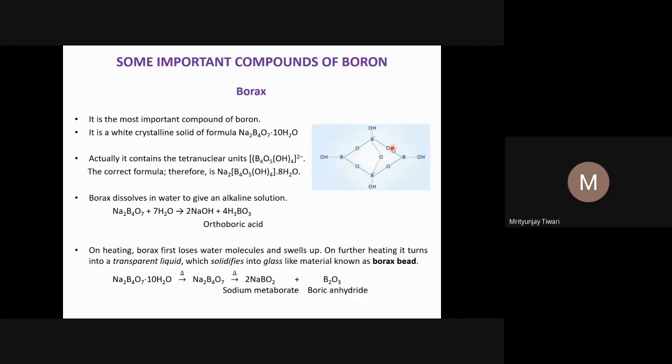And the 8 water molecules as water of crystallization are there. What I said is that this is a tetranuclear unit, B4O5, with B1, 2, 3, 4 and O5, and (OH)4 with 2 minus charges, one on this boron and one on this boron, that we see here.